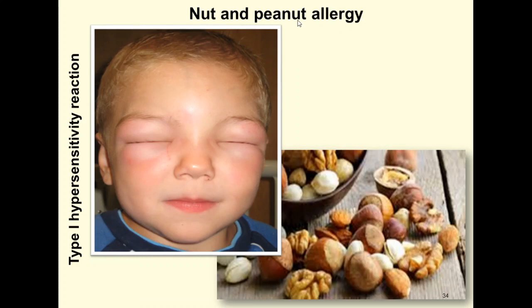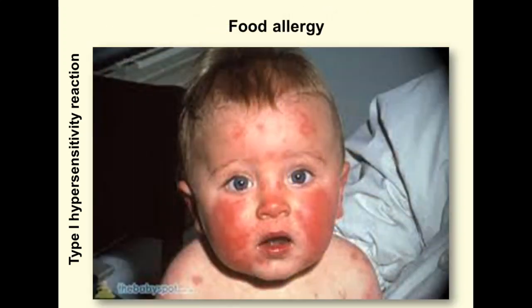Next one, nut and peanut allergy, so food allergy. Classical appearance, again the face and neck are erythematous also, and we can name it Quincke's edema. So infant and food allergy as well. Again, we see the reddish color, a rash mostly on the face, but not only.